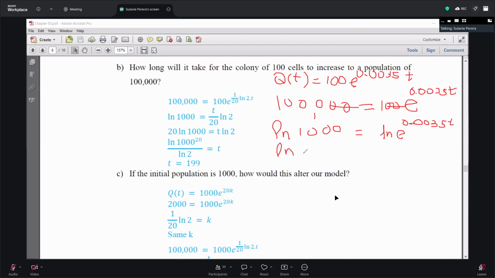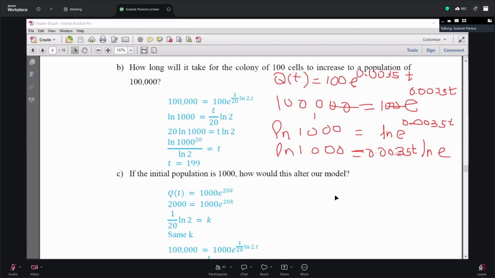So ln 1000 equals 0.0035t ln e. So these are using log rules. If it is in the exponent, you can bring it to the front.